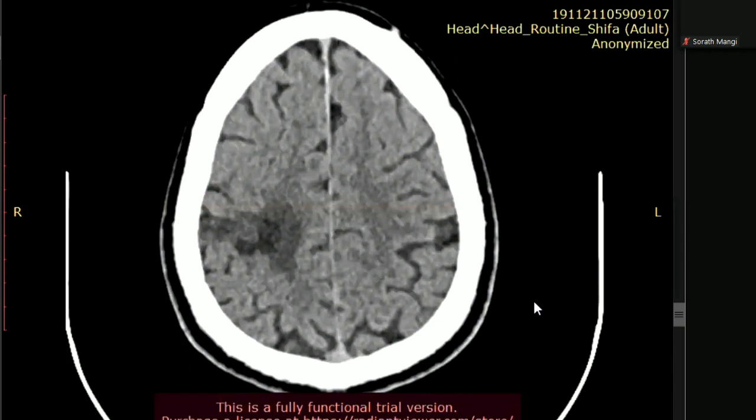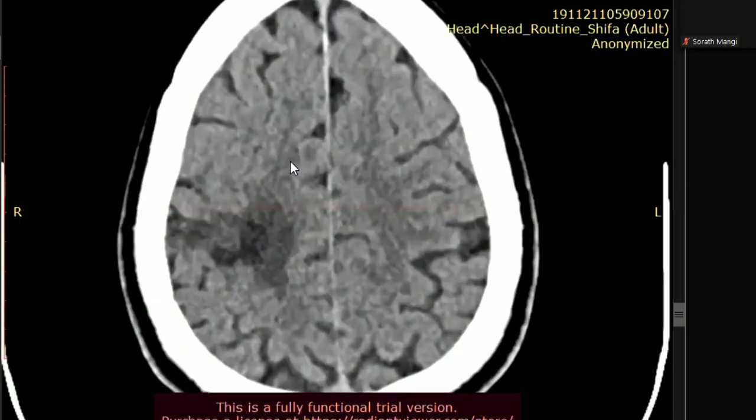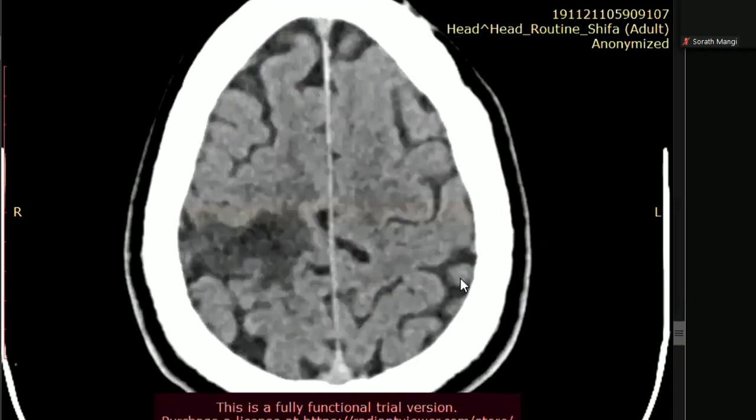I have been provided with the CT axial scan, brain window, of a patient, non-contrast, plain CT, and I can appreciate there is an irregular, ill-defined hypodense area in the high parietal region on the right side, with slight effacement of the ipsilateral sulci and gyri.